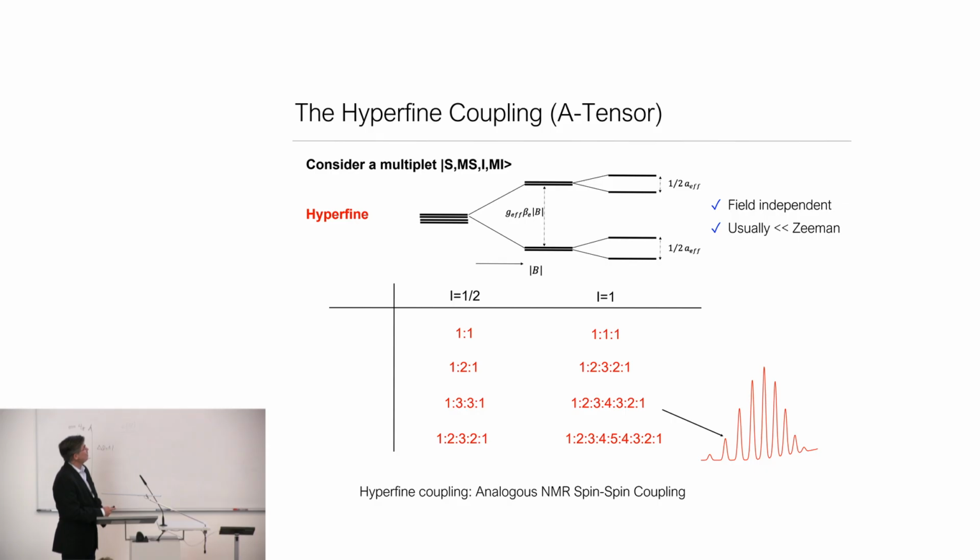And the hyperfine coupling is splitting these two levels again apart into the m sub I plus 1/2 and m sub I minus 1/2. And they're split by, if you do the math, 1/2 the effective hyperfine coupling constant A.